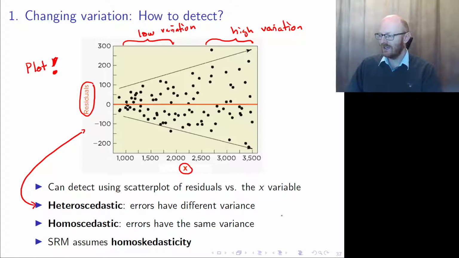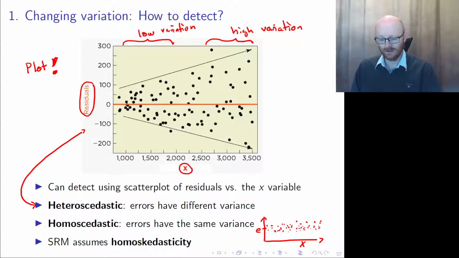Whereas if they have the same variance, they are so-called homoscedastic, and that would be if the residuals, the errors, were equally scattered around the zero line, independent of x. And the simple regression model assumes homoscedasticity.